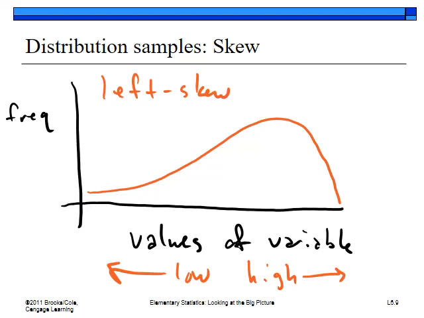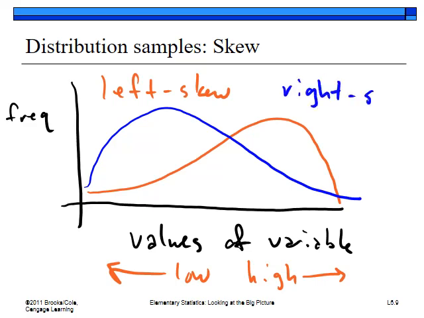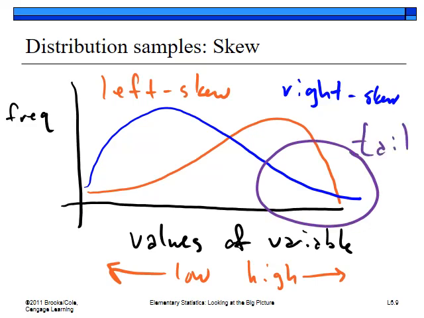If you consider the mirror image of this, we would consider this to be right skewed because of the unusually high number of high values. This part of the distribution is sometimes called the tail.